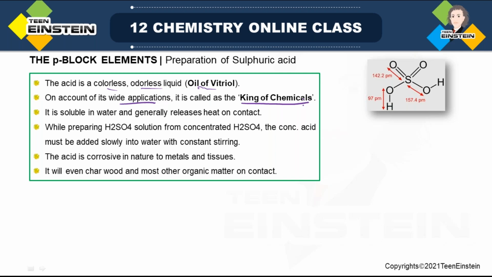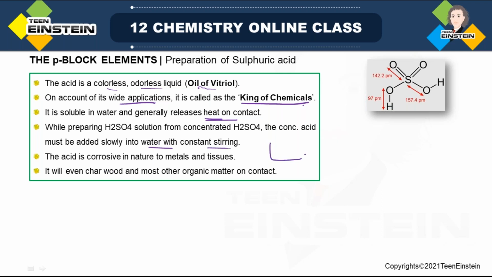Soluble in water, and when it is in contact with water, it releases heat. That is the reason if we want to prepare dilute H2SO4 solution starting from concentrated H2SO4 solution, the mode of addition should be: you should add concentrated acid slowly, that is dropwise, to the water medium. And remember, with constant stirring because heat will be generated.